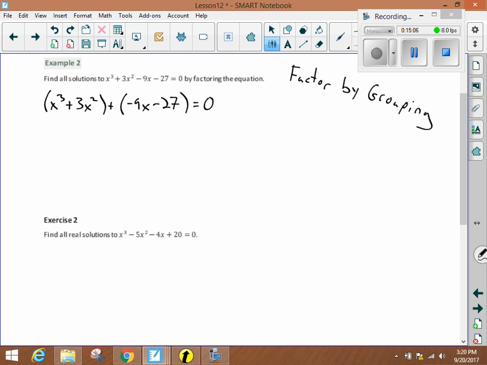And I can factor a monomial out of that. The greatest common factor of x cubed and 3x squared is going to be x squared. X cubed divided by x squared is x, and 3x squared divided by x squared is 3.